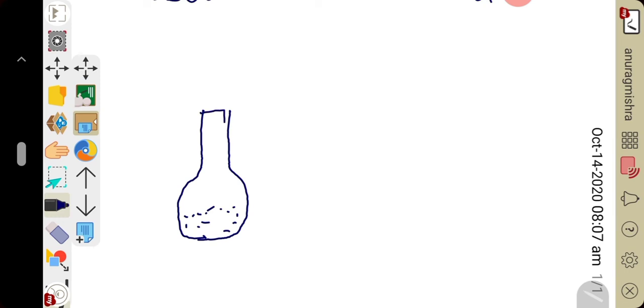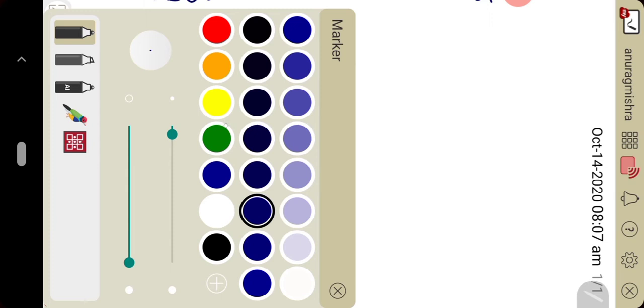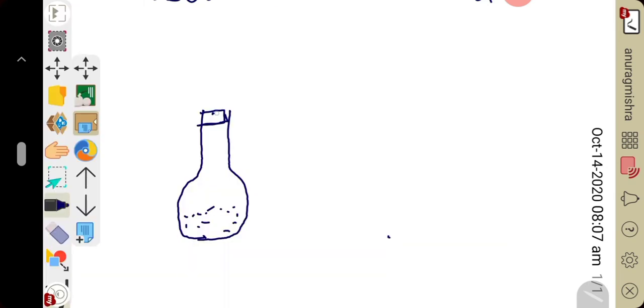Close the mouth of this flask with a cork having two holes. Through one hole we will pass a thistle funnel. Through the second hole we will pass a delivery tube.